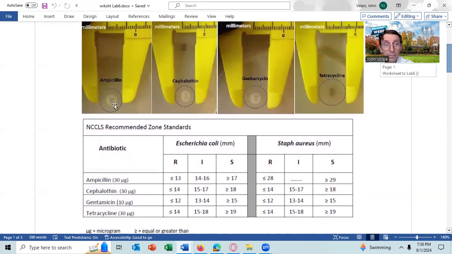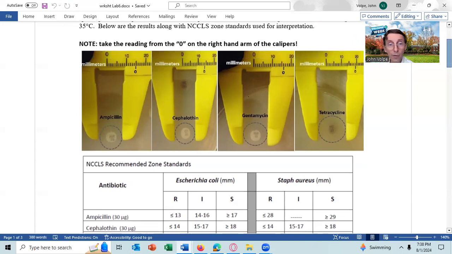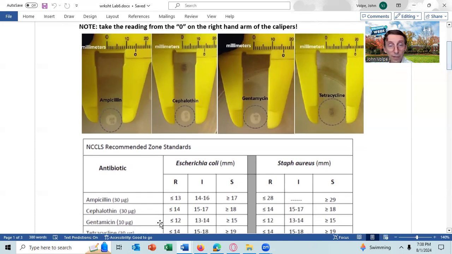And there's the zone of inhibition measured there. And then the NCCLS recommended standards for which are resistant and which are sensitive zones of inhibition for each given antibiotic. And then we have ampicillin here, cephalothin there, gentamicin here, and tetracycline there.